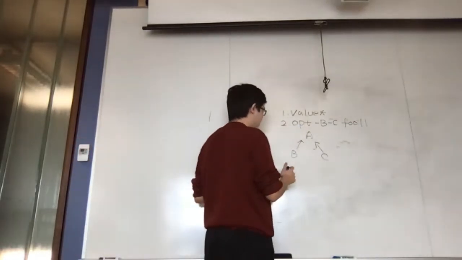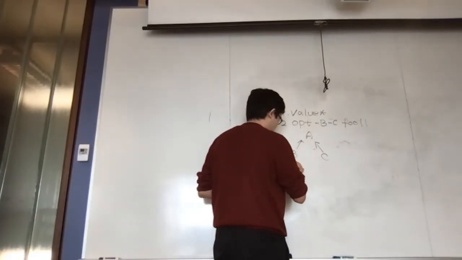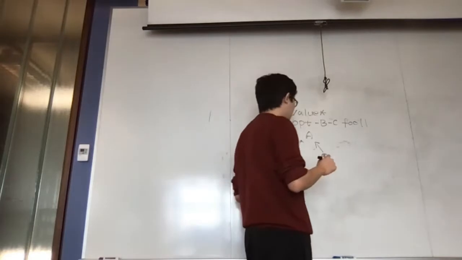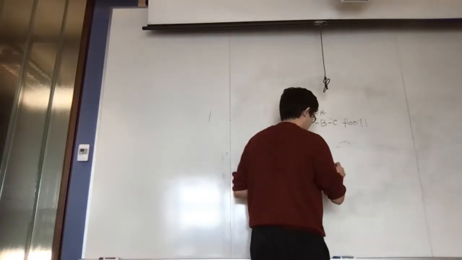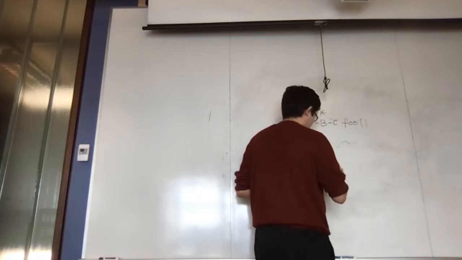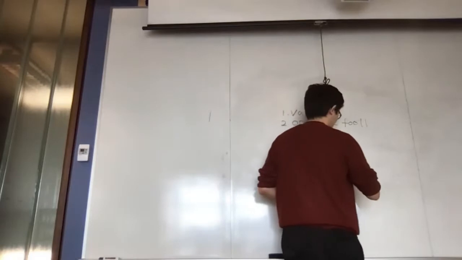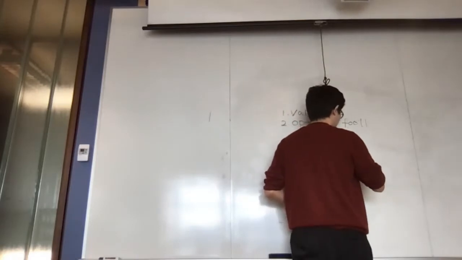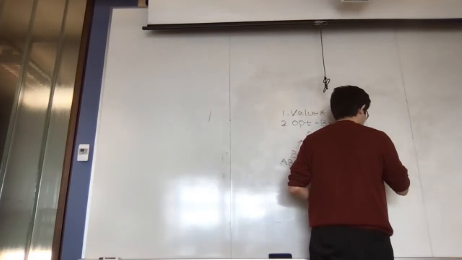If B preserves A, then the result you get is A, B, C. Or else the result you will get is A, B, A, C, because A was not preserved.